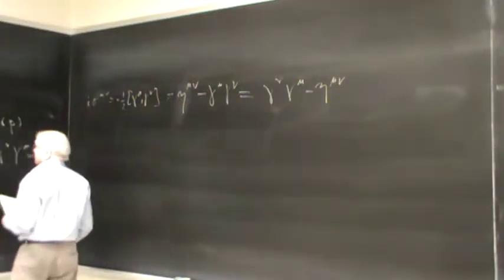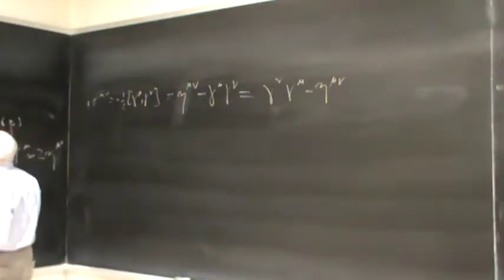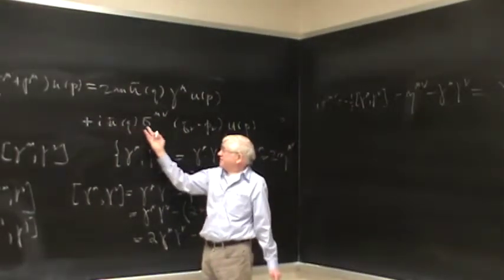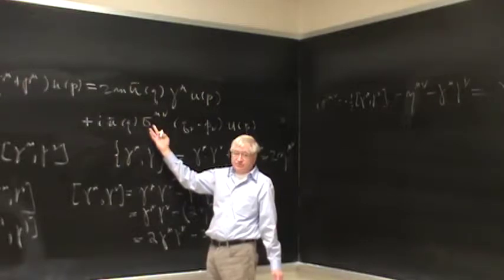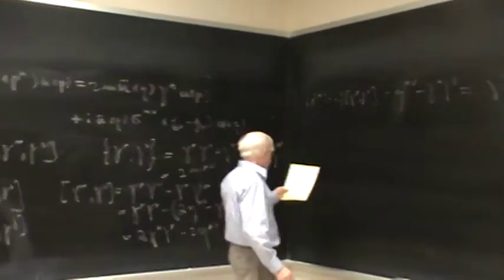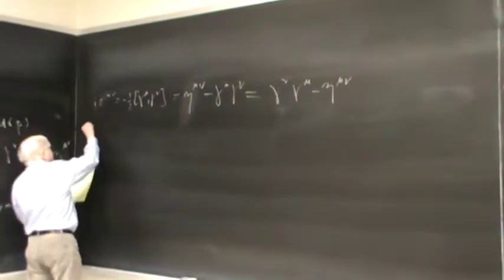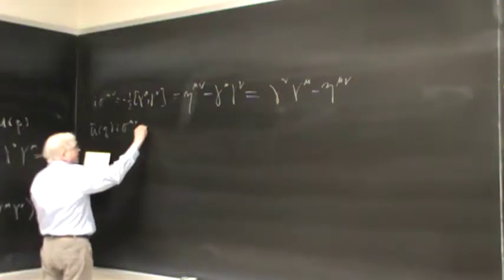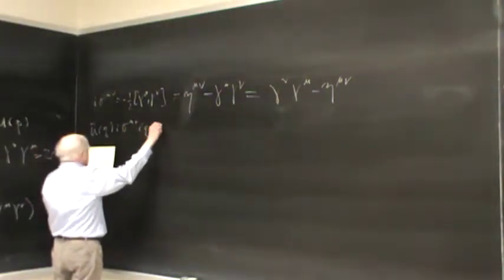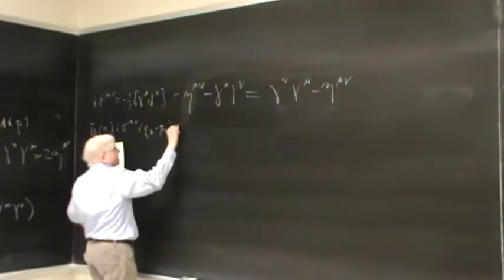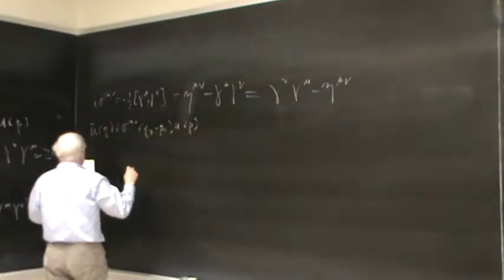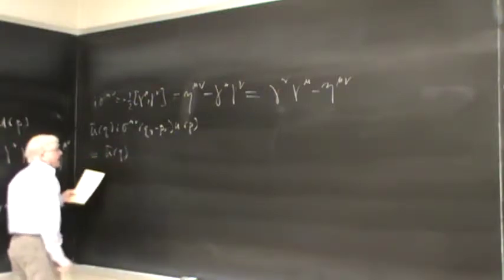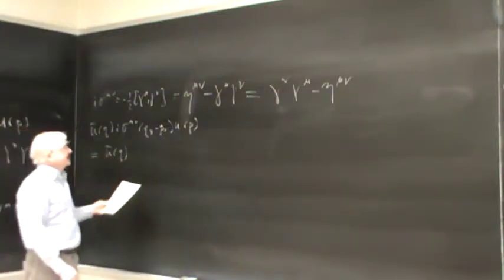The essence of the Gordon identity is to take the matrix element of σ^μν. So we want to write ū(q) iσ^μν (q_ν − p_ν) u(p). We can write this in two different ways.